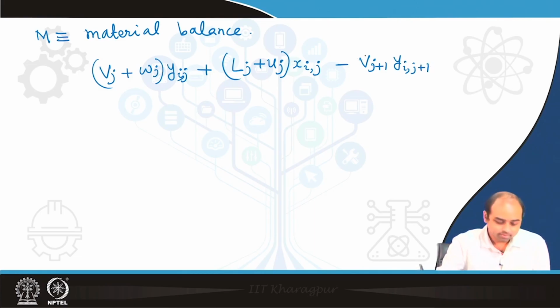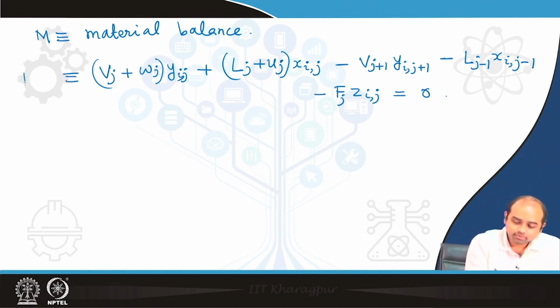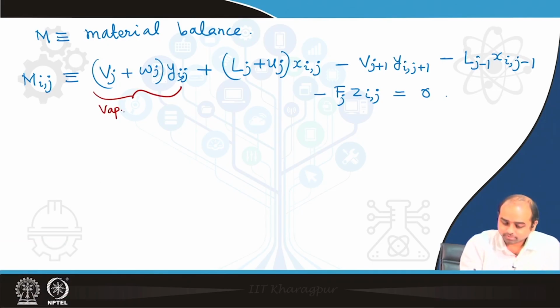right? Liquid that is coming into the system, and feed that is coming into the system, right? This is the balance equation. So let us mark this balance equation as Mij. So just to be specific, this is the vapor out.